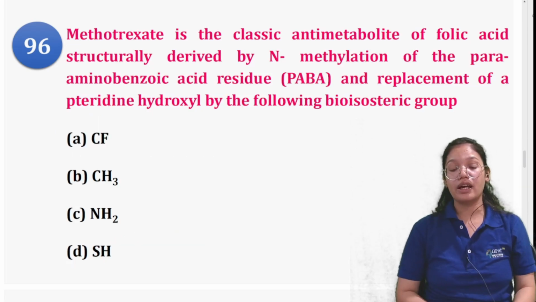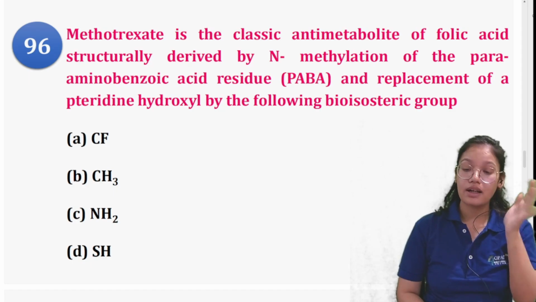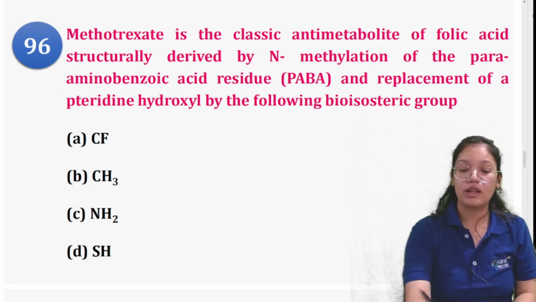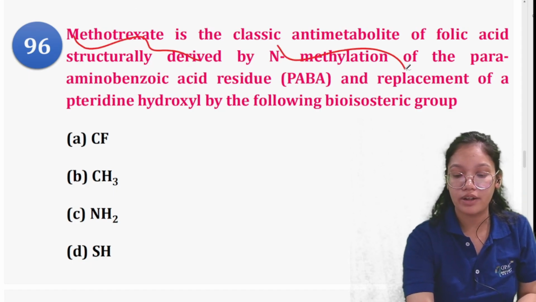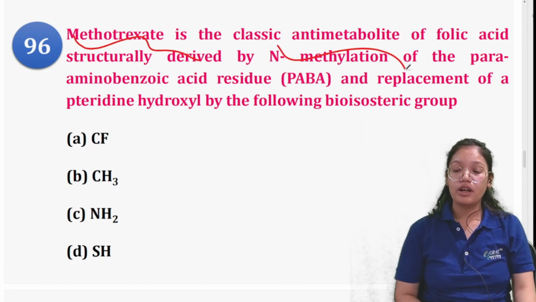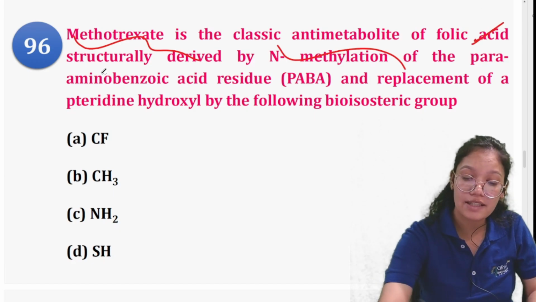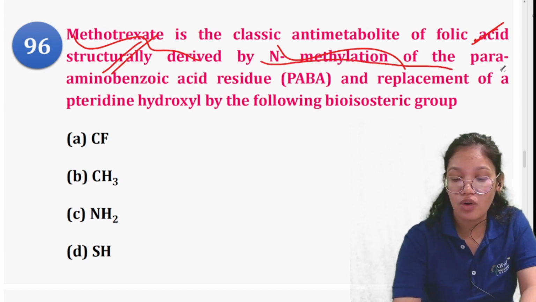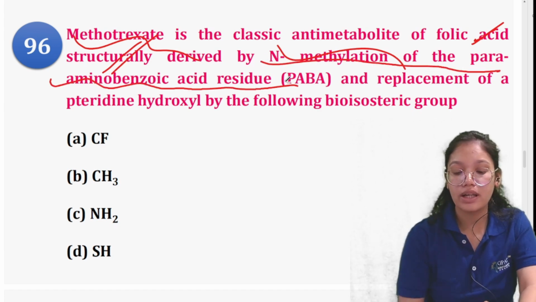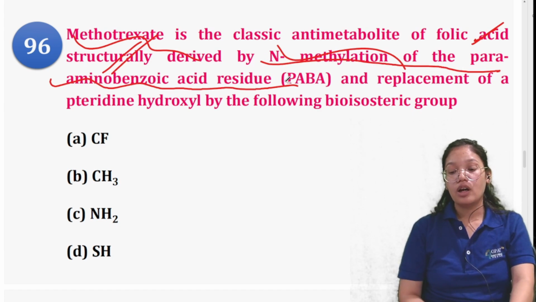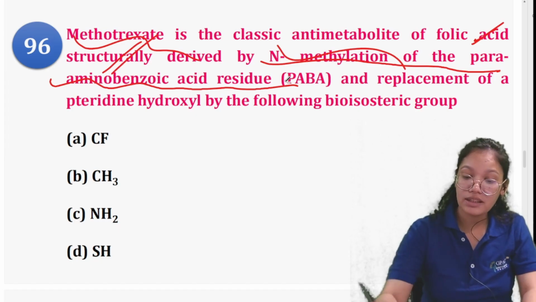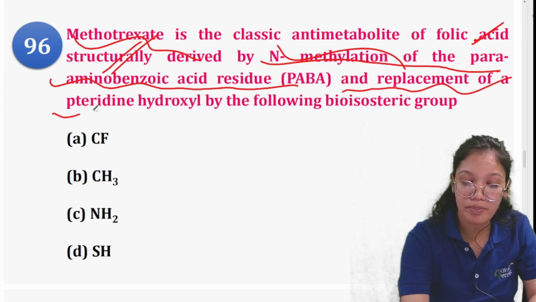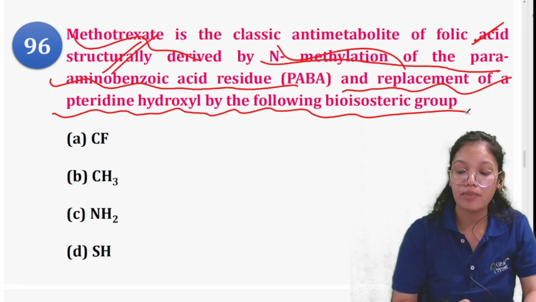Next question again: methotrexate is a classic anti-metabolite. So methotrexate is an anti-metabolite drug of folic acid, structurally derived by N-methylation of the para-amino-benzoic acid residue, and the replacement of the pyridine hydroxyl by the following bioisosteric group.